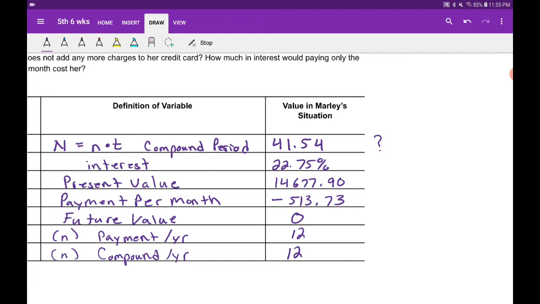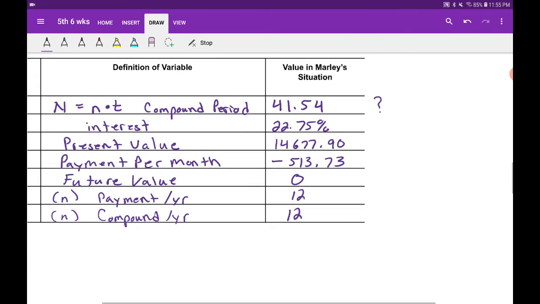All right, so what we're going to do is basically round that 41.54. Since this is compounded monthly, we're going to figure out how many years that is. Remember, we're trying to get it to 0. So that's about 41 and a half months to get it to 0. If we do anything before that, it won't be at 0.